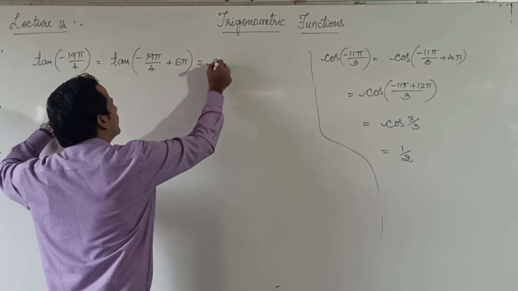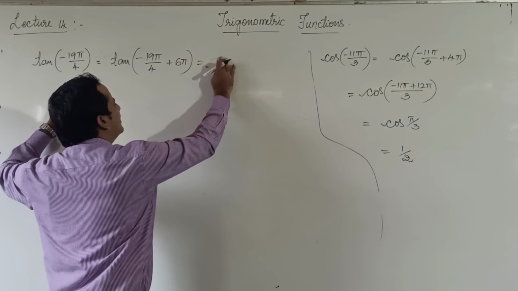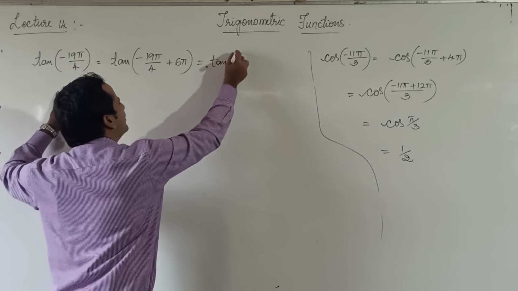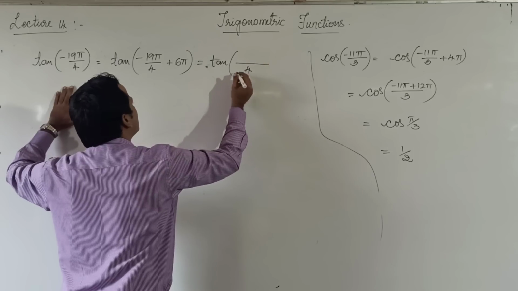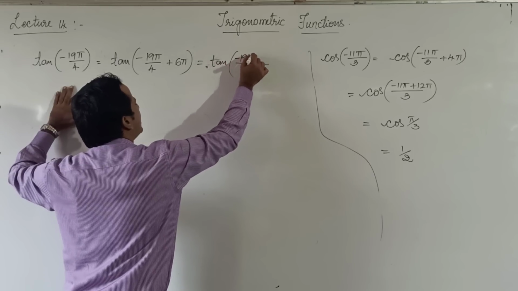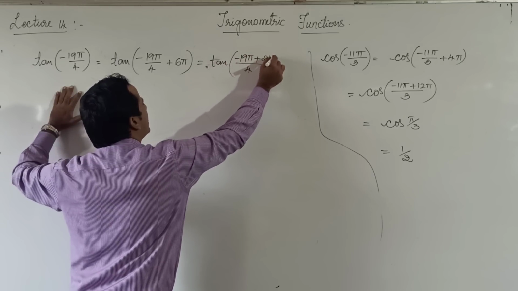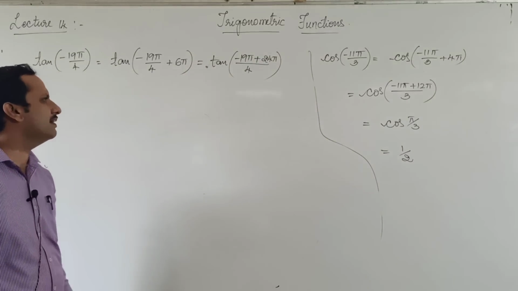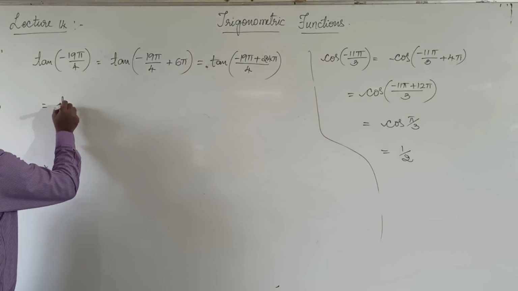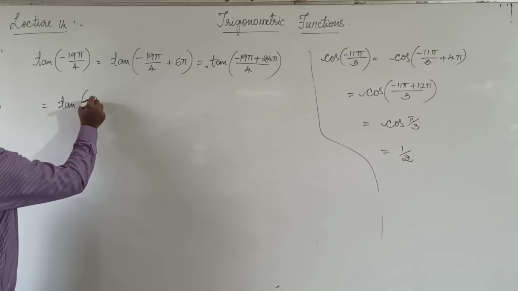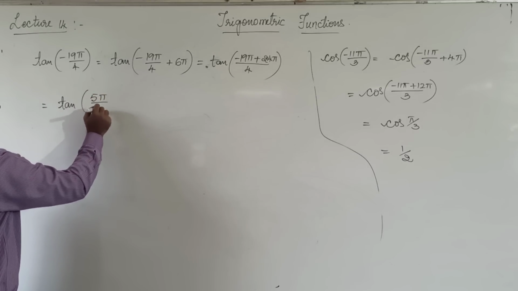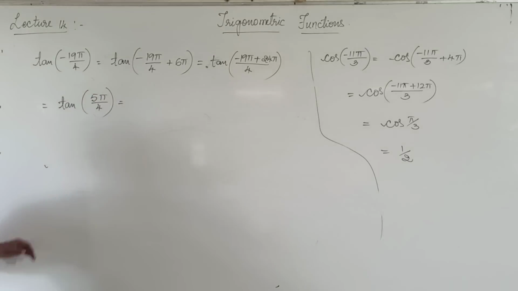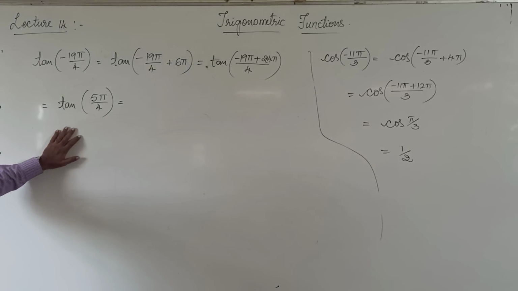So that will give you tan, take LCM, 4 is the LCM, minus 19 pi plus 24 pi. 4 into 6 pi, 24 pi. That's equal to tan 5 pi by 4. We have to find the value of tan 5 pi by 4 now.